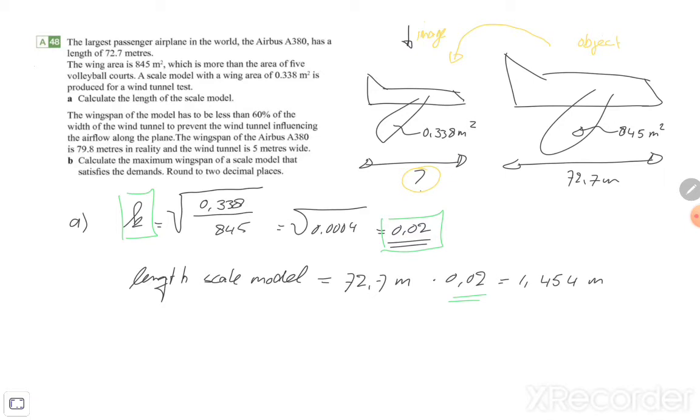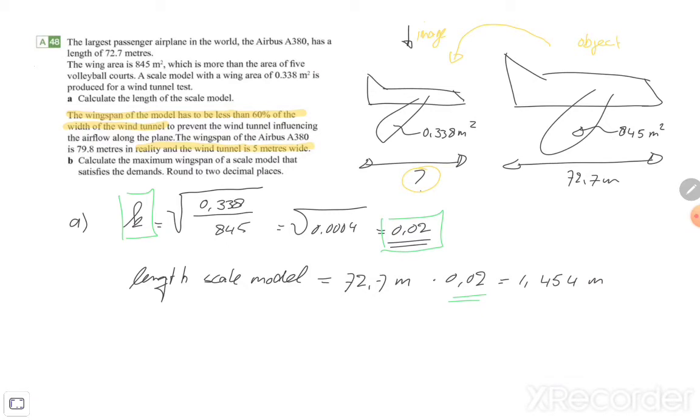All right. The very important line is the first line, because the wingspan of the model has to be less than 60% of the width of the wind tunnel. And in reality, the tunnel is 5 meters wide.